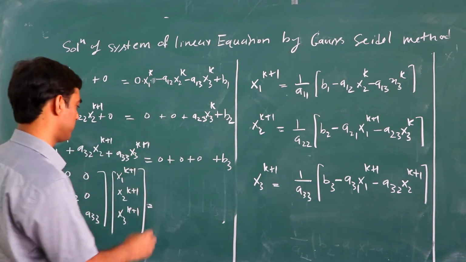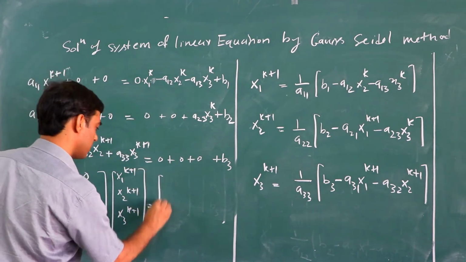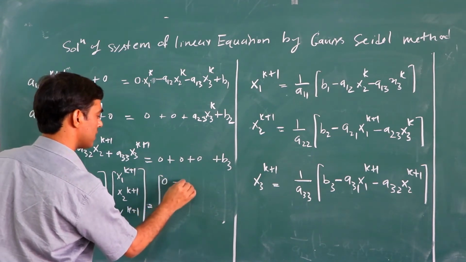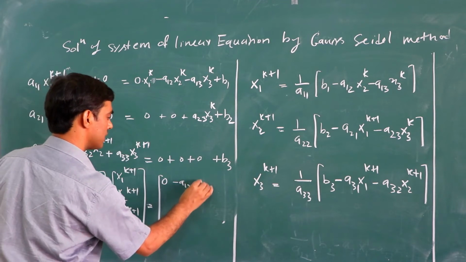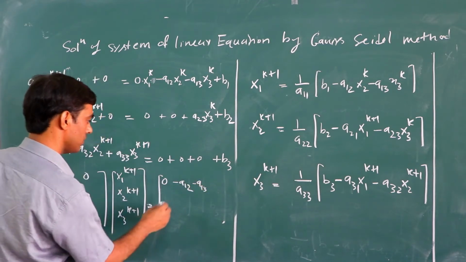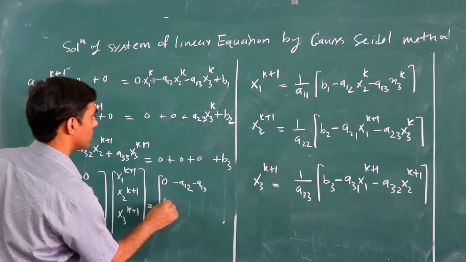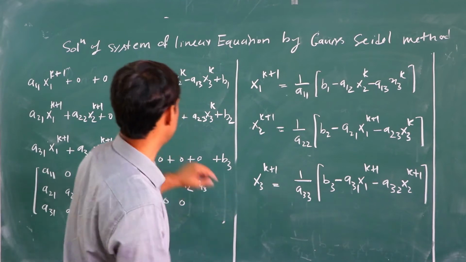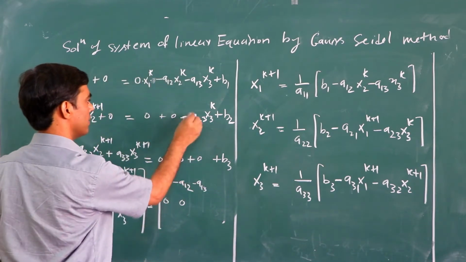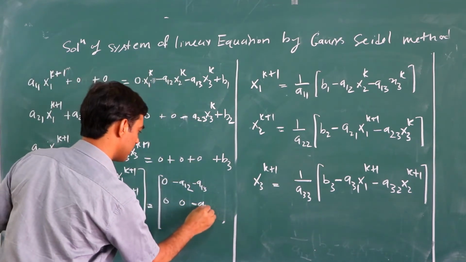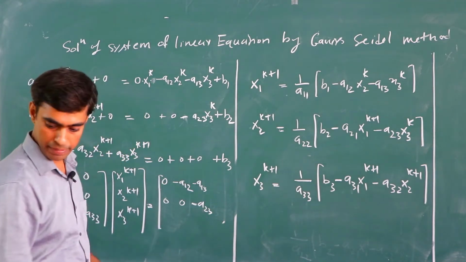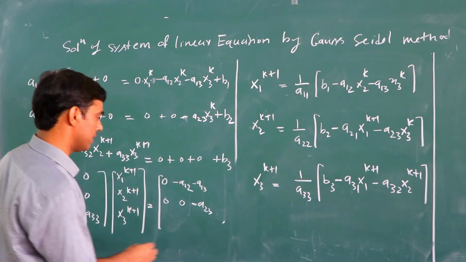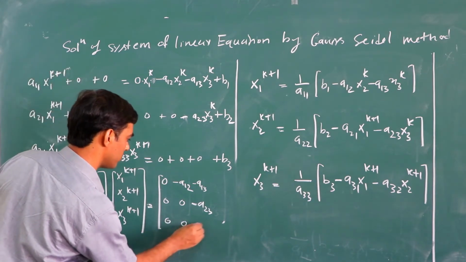the right side in matrix form. Here it becomes 0, minus a12, minus a13; 0, 0, minus a23. I think this one is a minus, not a plus. This one is a minus, minus a23, and the lower entries are 0, 0, 0.